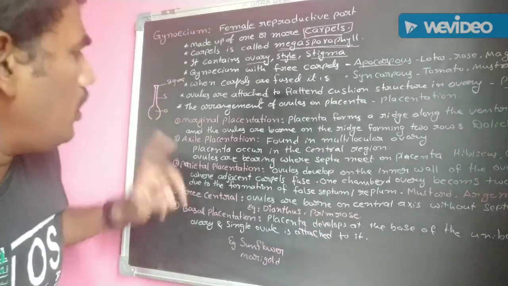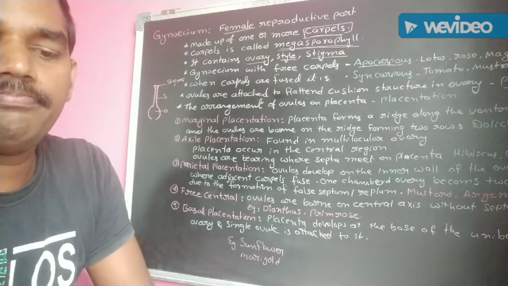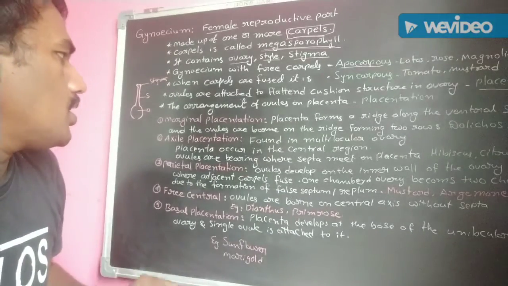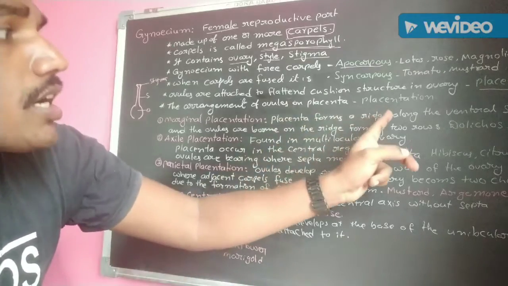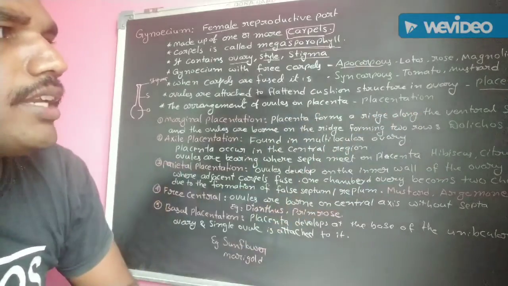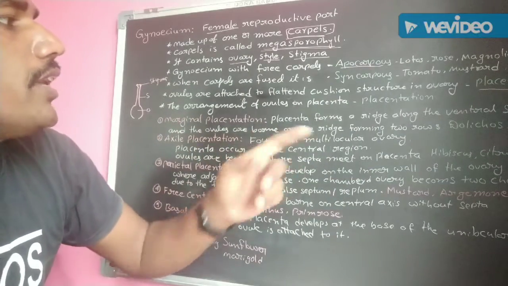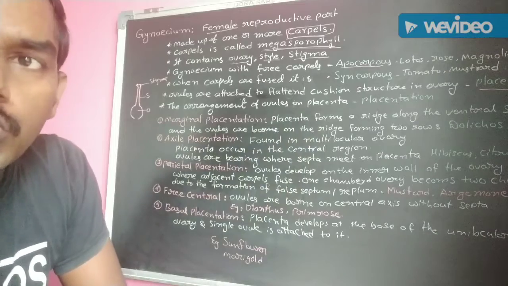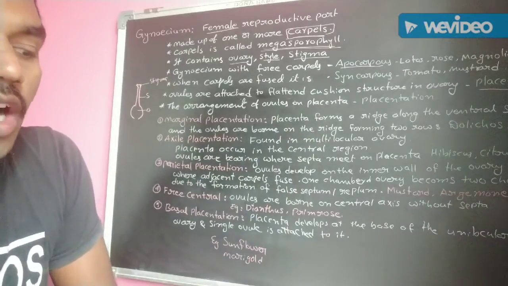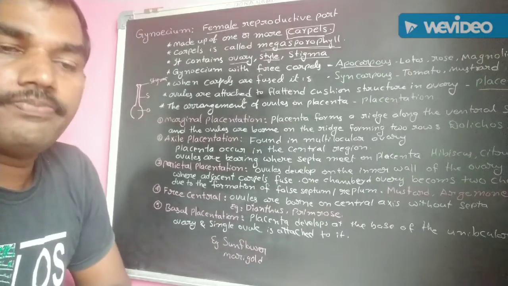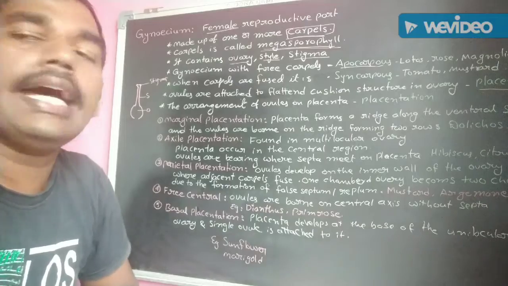The first one is marginal placentation. In marginal placentation, the placenta forms a ridge along the ventral structure, and the ovules are borne on the ridge, forming two rows. Examples: Dolichos lablab, Phaseolus mungo, Phaseolus aureus.